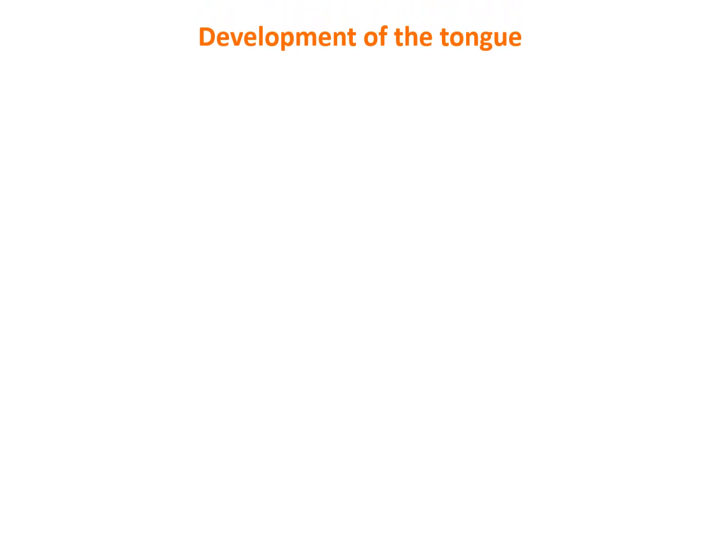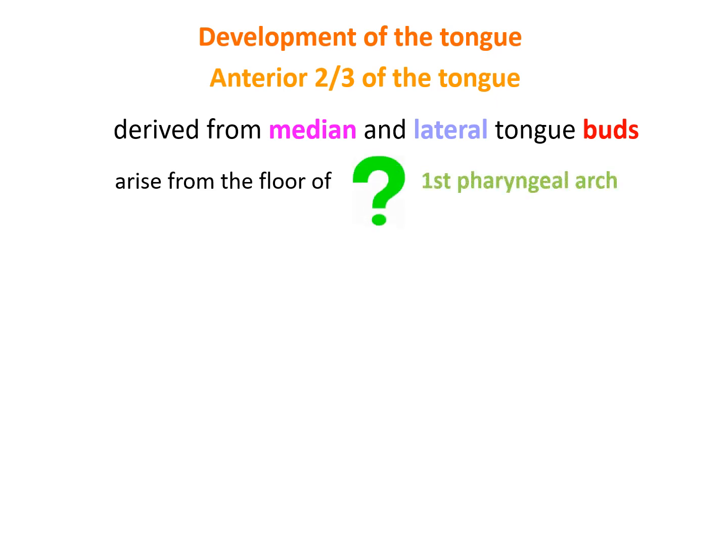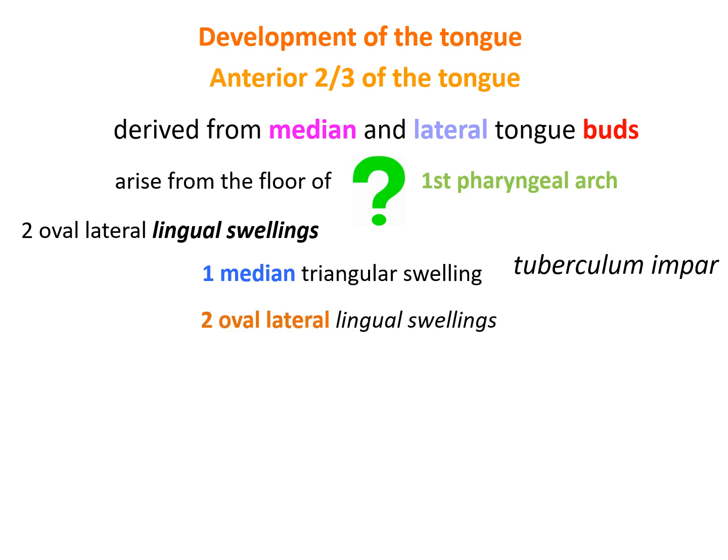Let's have some notes about development of the anterior two-thirds of the tongue. These are derived from the median and lateral tongue buds. They arise from the floor of the first pharyngeal arch: two lateral lingual swellings, and there is one median triangular swelling called the tuberculum impar.